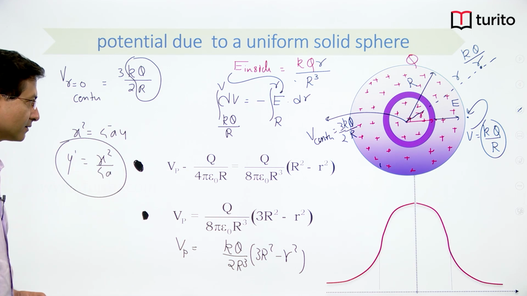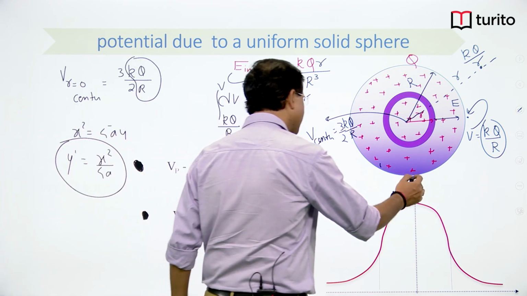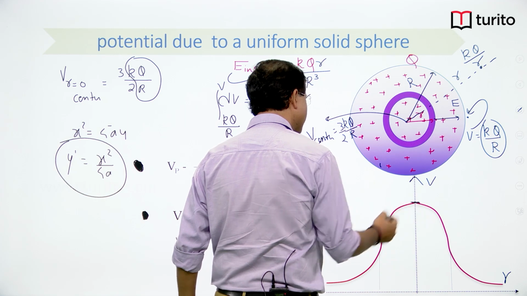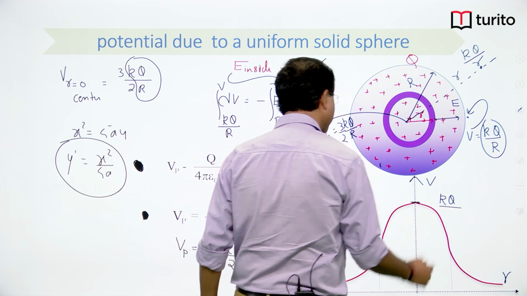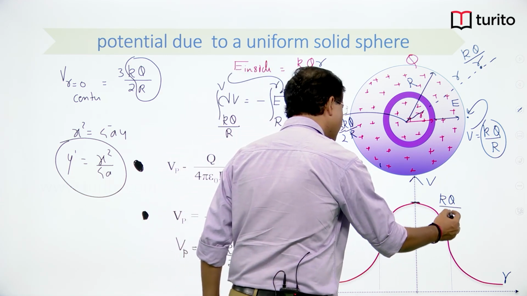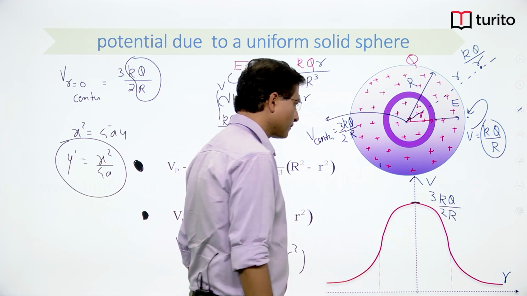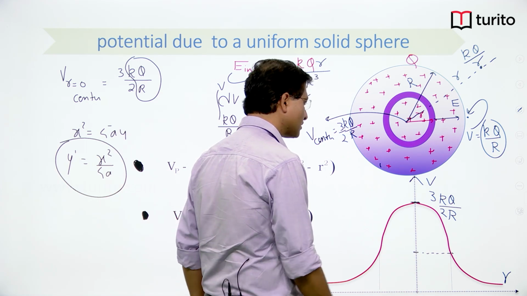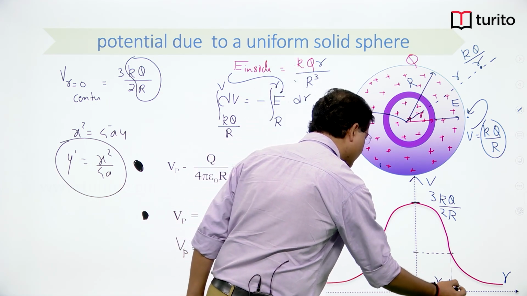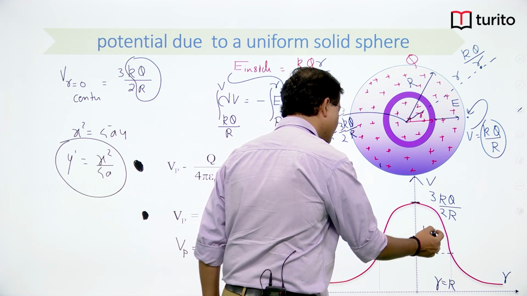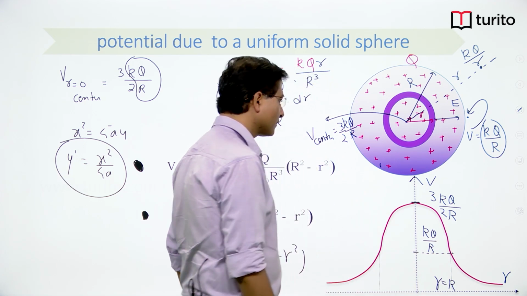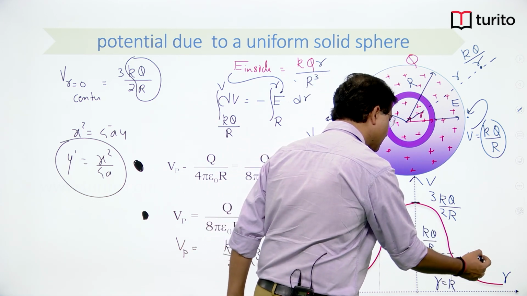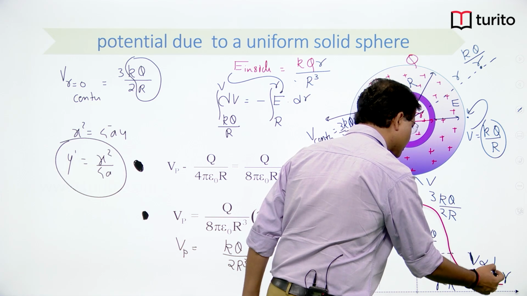So if you draw the variation, look at this one. Potential as a function of r, if I want to plot, then here that is 3 by 2 times kq divided by R, and somewhere here on the surface this is representing r is equal to capital R. On the surface it is kq divided by R, and as you go outside, this potential is inversely proportional to r.